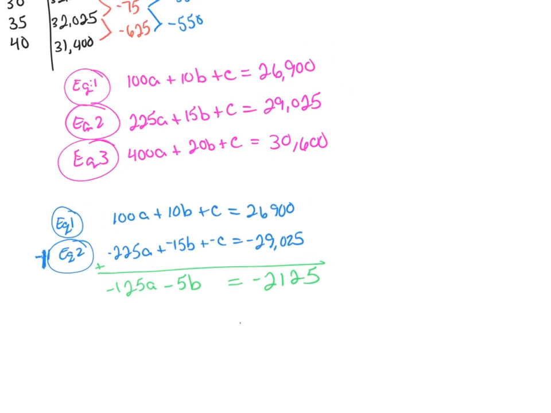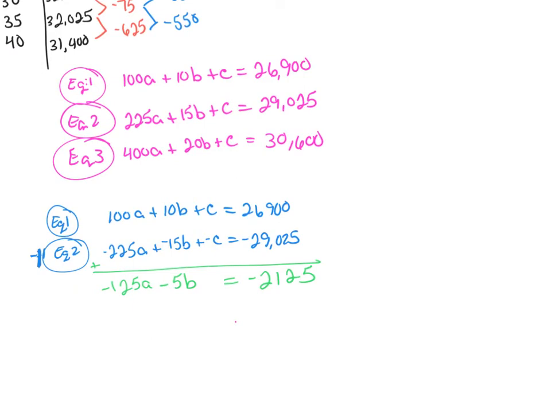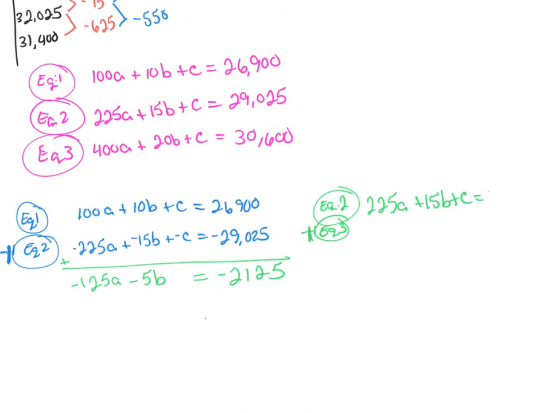We need to eliminate c again, so use two different equations. Let's use equation 1 and 2 the first time. Let's use 2 and 3. And let's take equation 3 and multiply by -1. So equation 2 is 225a plus 15b plus c equals 29,025.